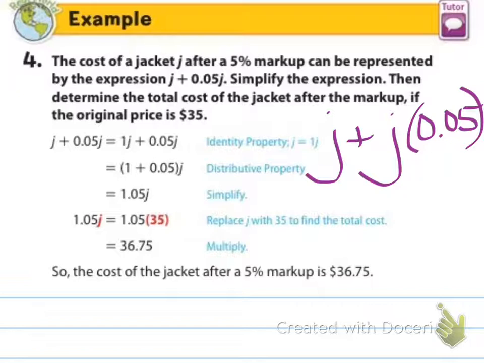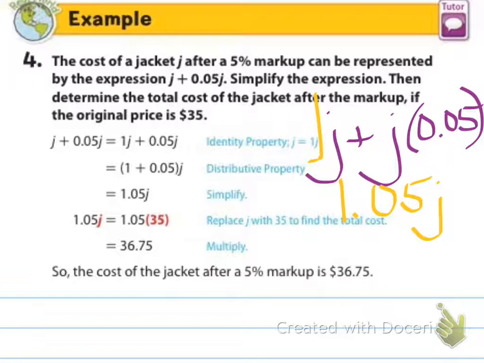When we put the little secret invisible 1 in front of the J, we have 1 J's plus 0.05 J's, and so that's 1.05 J's because we add together those coefficients. And isn't that 105% times the cost like we talked about before? This is just like a review.